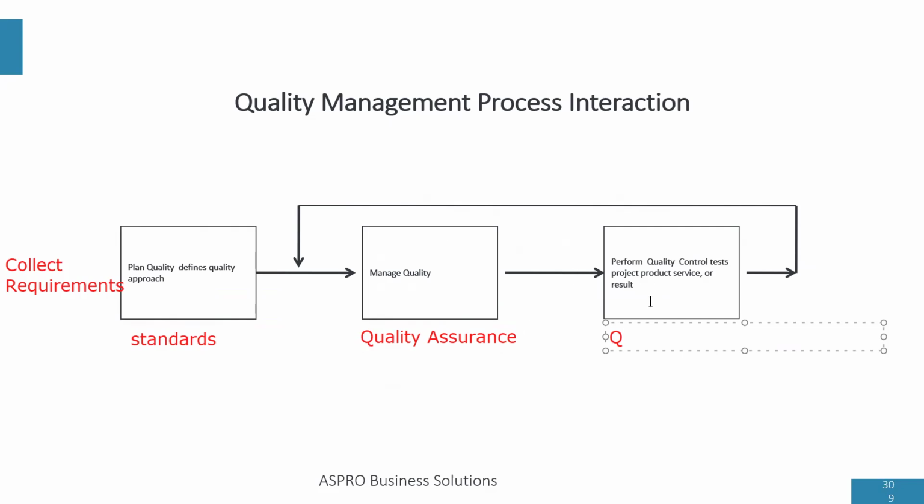That's where we test the final product. And the result is quality control measurement. It's an output of control quality, and this is where we test the final product.